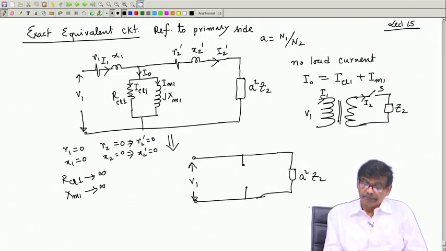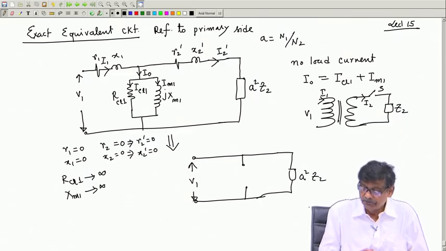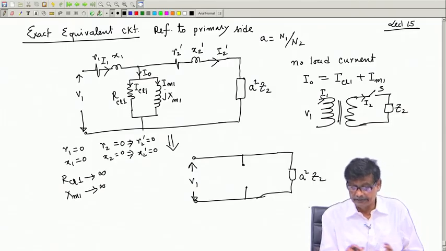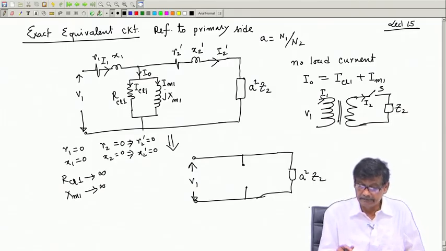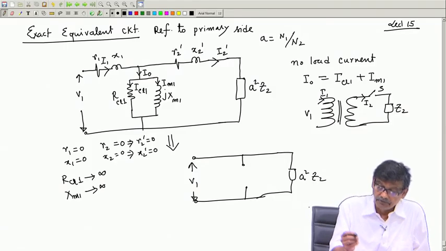Okay. If somebody wants to draw the equivalent circuit referred to the secondary side of the same thing, that is to the load side, how will it look?